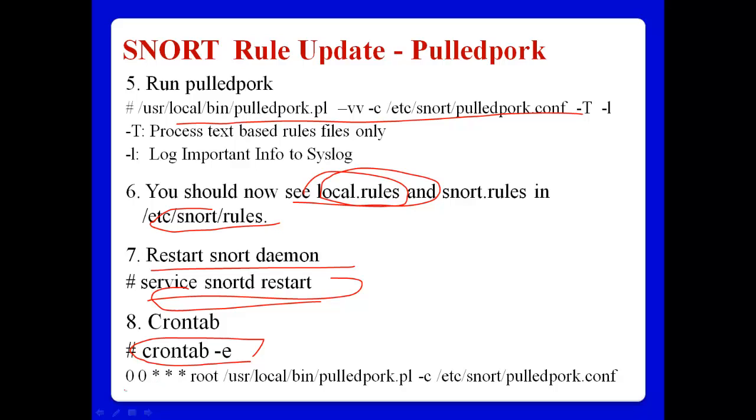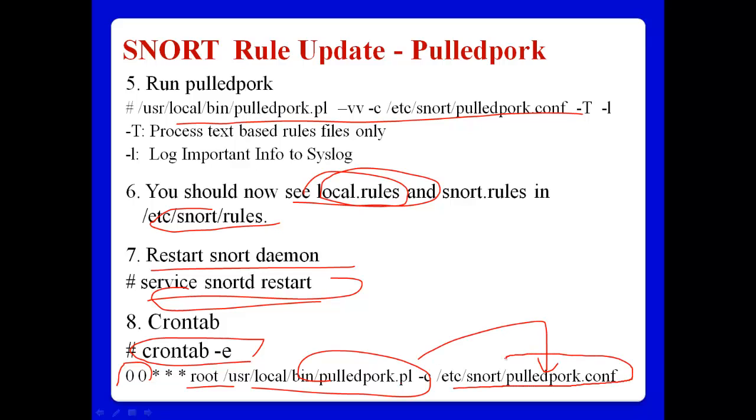Every day, at 0, with the root user, and after that the PulledPork script, and this one will use snortpulledpork.conf. Then every day, just once, we can download the latest version.